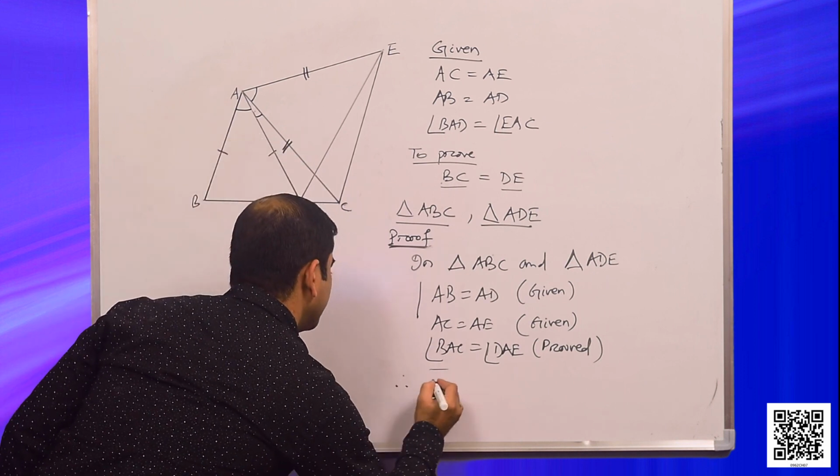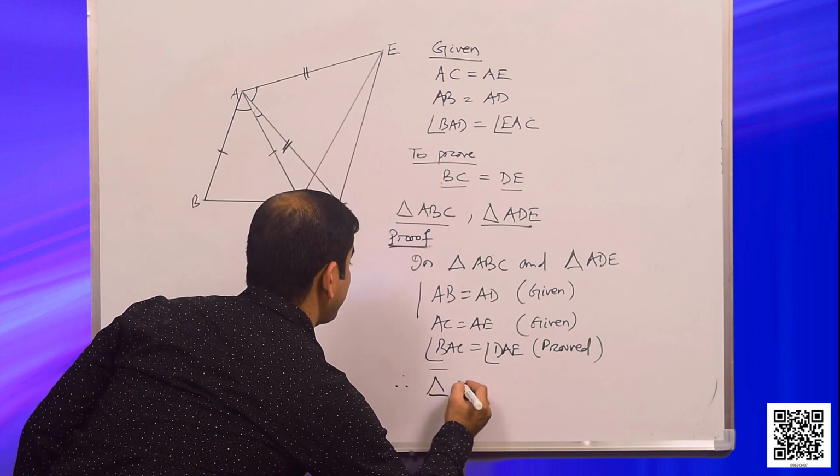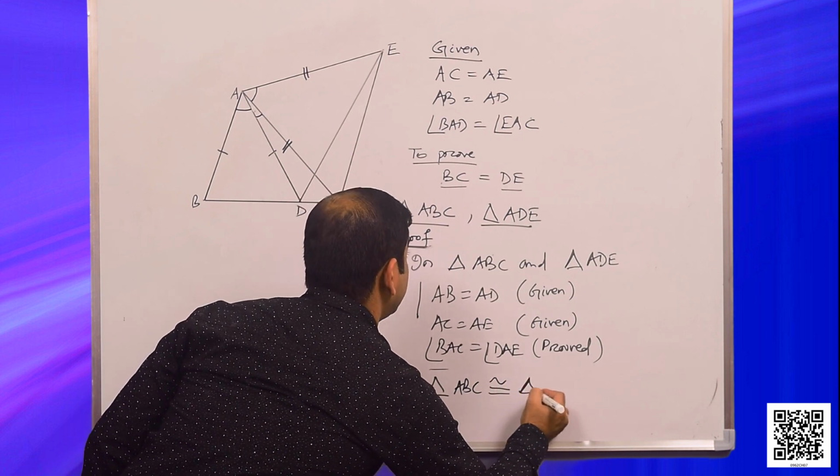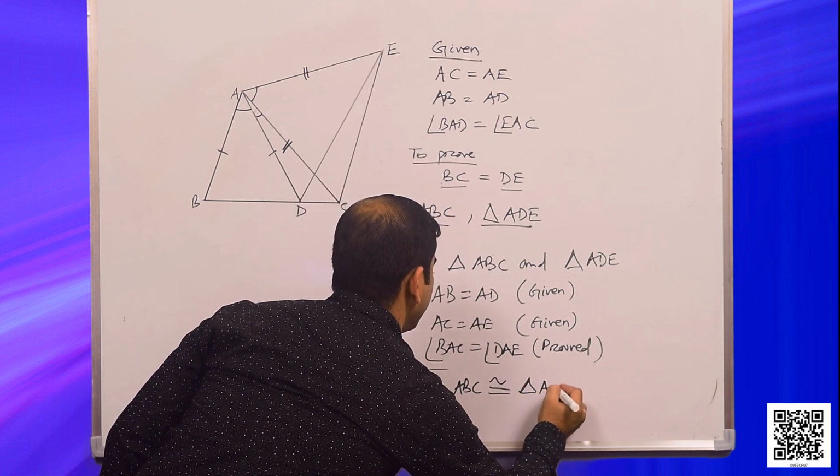That's why triangle ABC is congruent to triangle ADE.